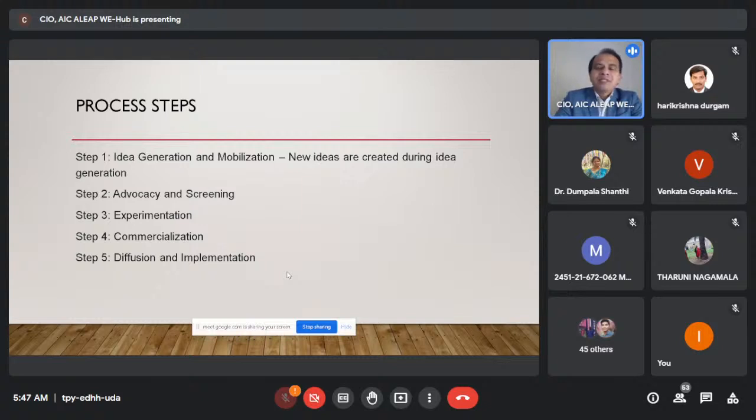So you have several options. So here I have spoken about the steps of how an idea can be taken forward and how it can be commercialized. And here the TRL stages are present. In steps 3 to 4, there are TRL stages that will come. We will see these TRL stages in detail.